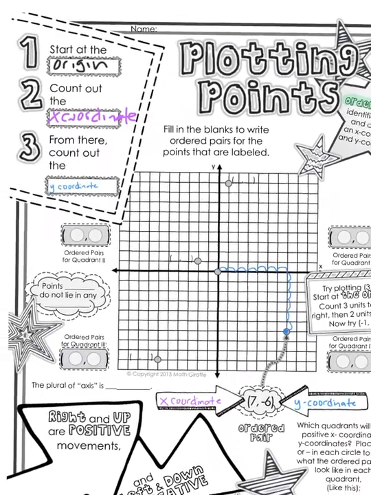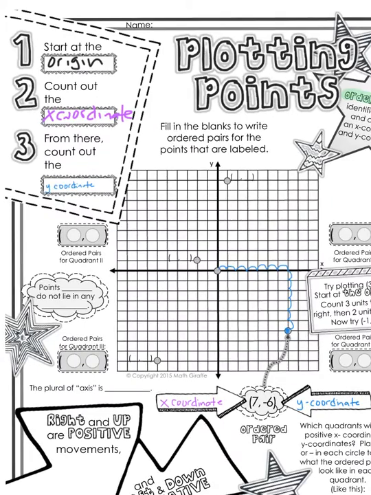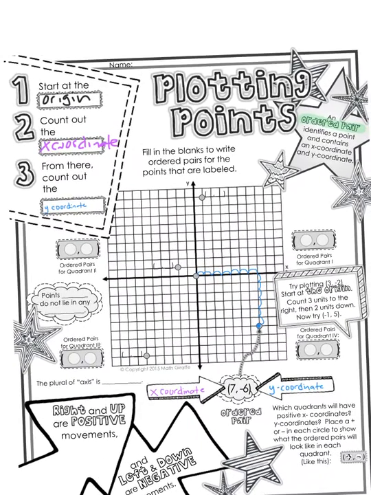All right, so now what I would like you to do is pause the video and see if you can fill in the ordered pairs for the other 3 points that are plotted on here.